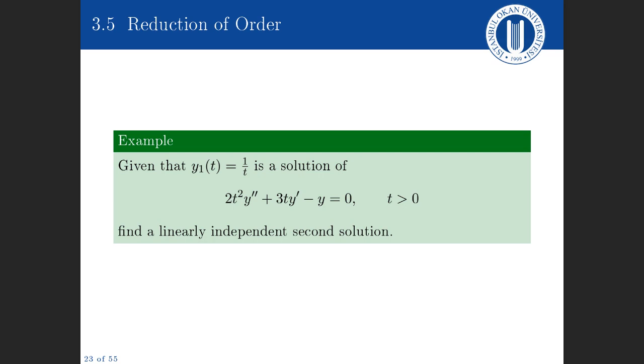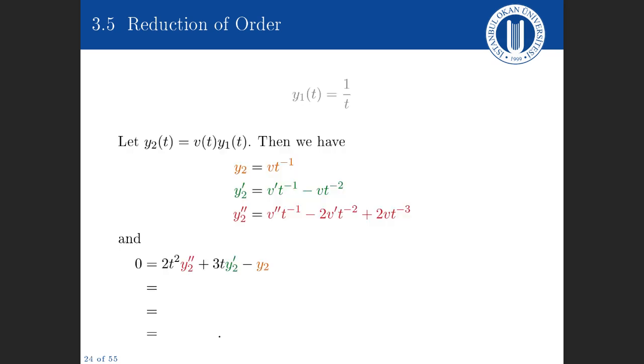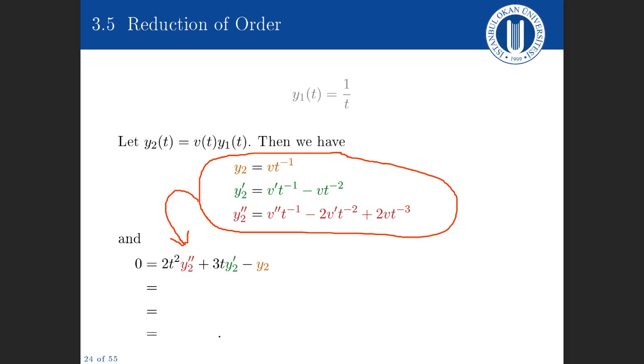We're going to take y1 and multiply it by some unknown function v. Differentiate two times. Here we are. And then we're going to put these into the differential equation. We're going to simplify it down and end up with an equation which includes perhaps v prime and perhaps v double prime terms.